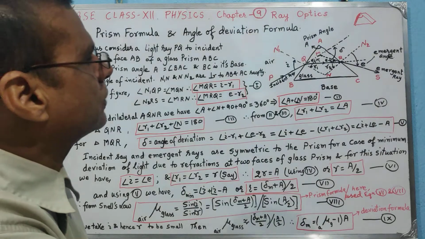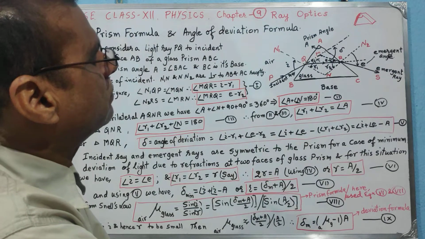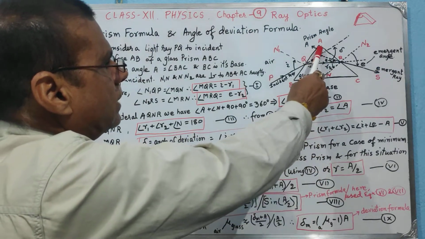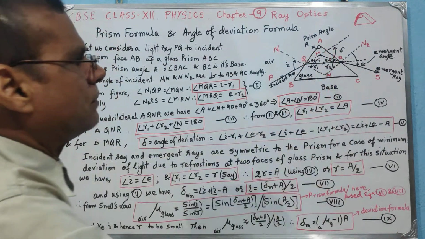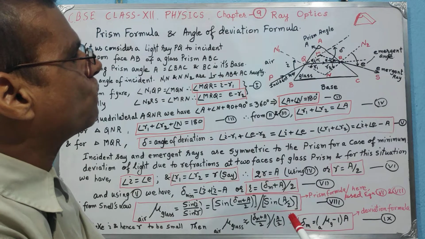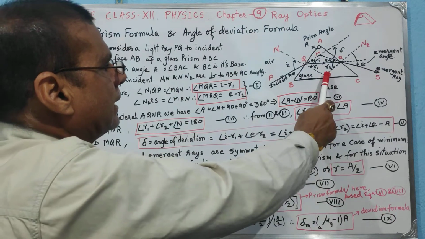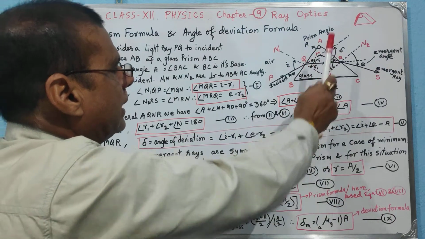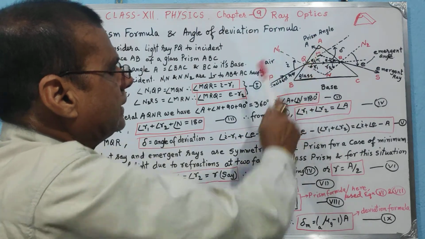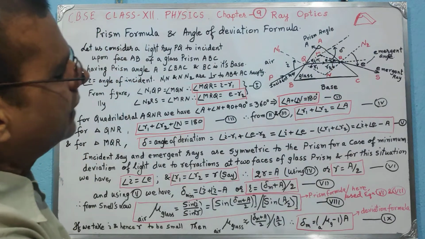Now we look at the quadrilateral AQNR. In the quadrilateral AQNR, the sum of the four angles must be equal to 360 degrees, and therefore we have angle A, that is the prism angle, plus angle N, that is angle QNR, plus angle AQN, that is 90 degrees, plus angle ARN, that is 90 degrees.